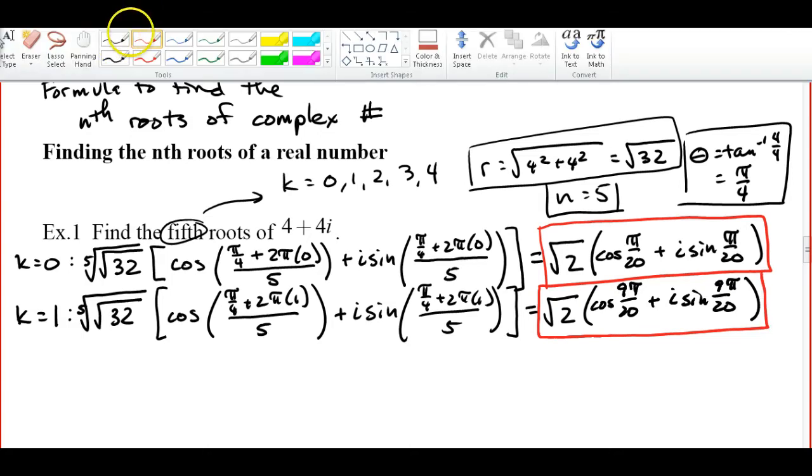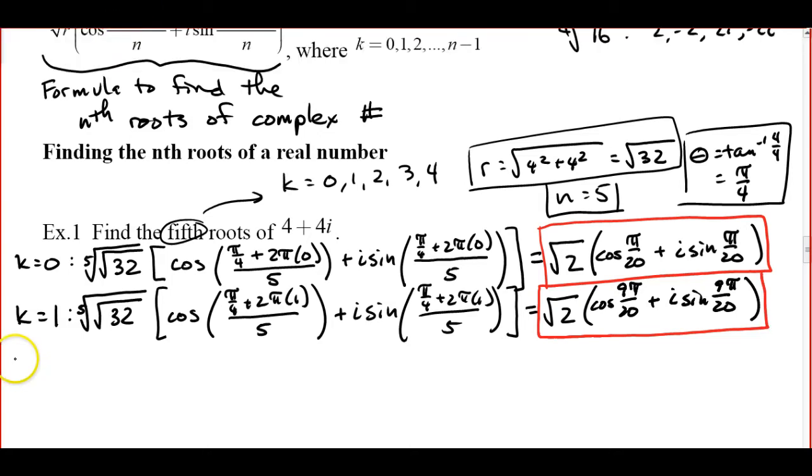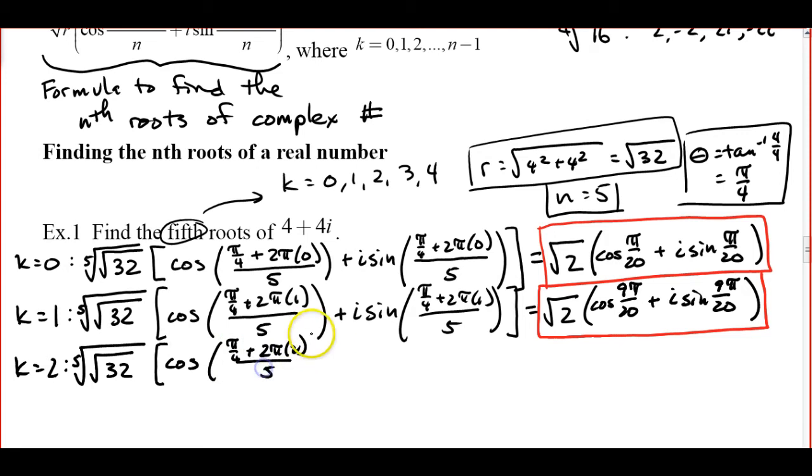Now let's move on to k equal to 2. I have the fifth root of the square root of 32 times the cosine of pi over 4 plus 2 pi times 2 over 5 plus i times the sine of pi over 4 plus 2 pi times 2 over 5.